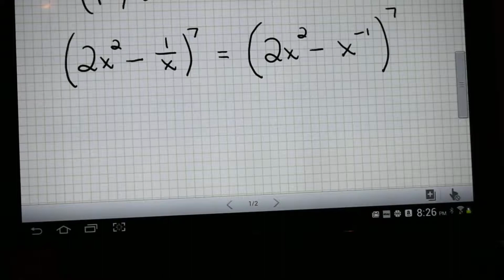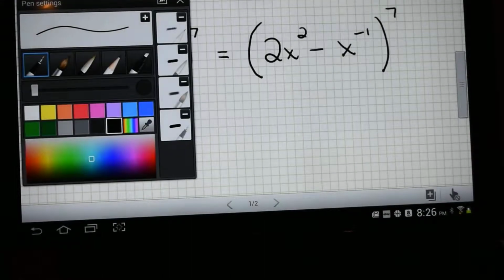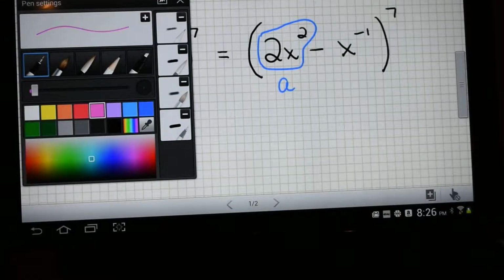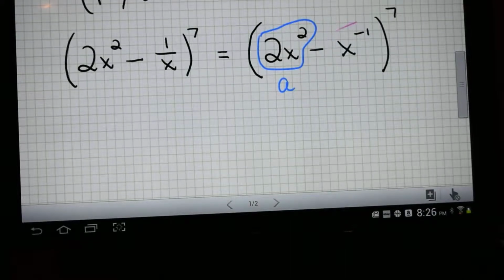Okay, so let's see. Our A, this is our A. All of this whole thing is our A term. Believe it or not, the whole thing is our A term. And since this is a minus, we have to include that minus with us because if you remember, it's A plus B to the n power.